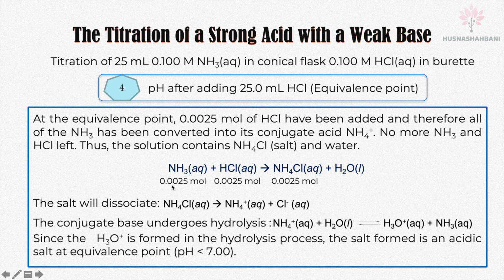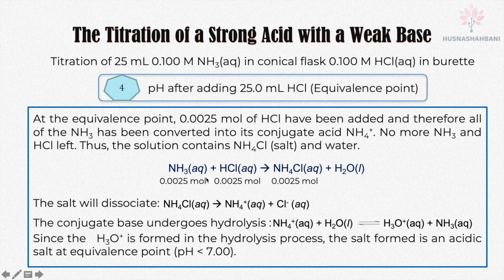So when we have 0.0025 mole weak base, we need to react with 0.0025 mole of strong acid, because the stoichiometry is 1 mole to 1 mole. So it will produce 0.0025 mole of salt and water.